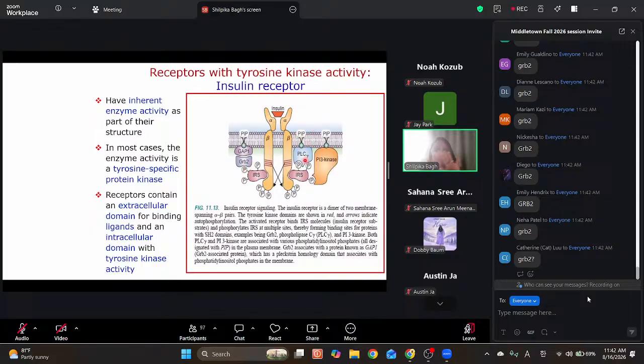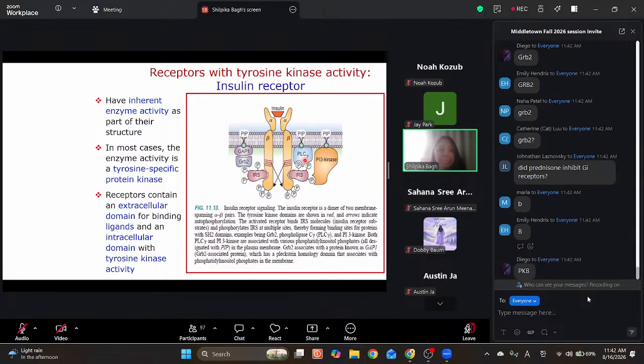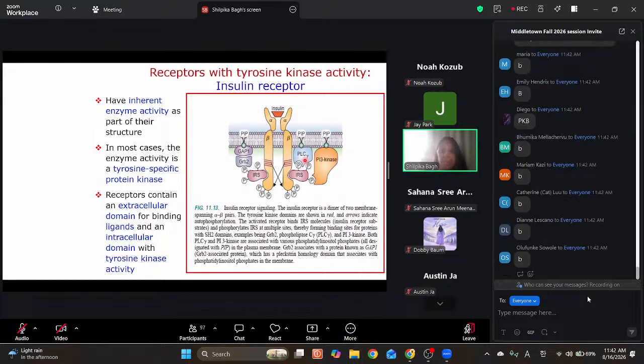Phospholipase C is not big in metabolism, but when I say phospholipase C, which protein kinase am I talking about? A, B, C, or G? When insulin uses phospholipase C, which protein kinase? You have to be specific. Please read the question stem carefully.